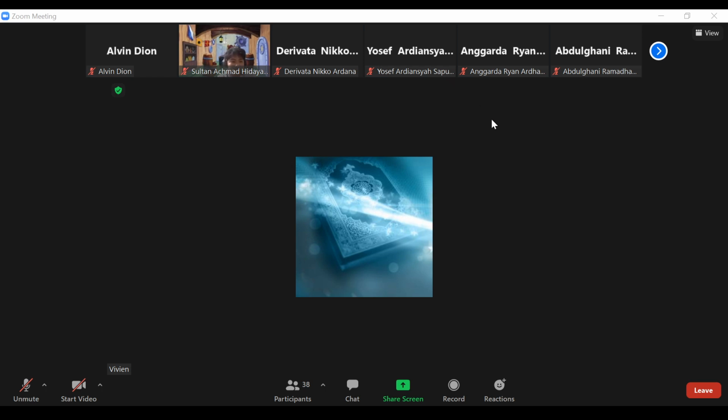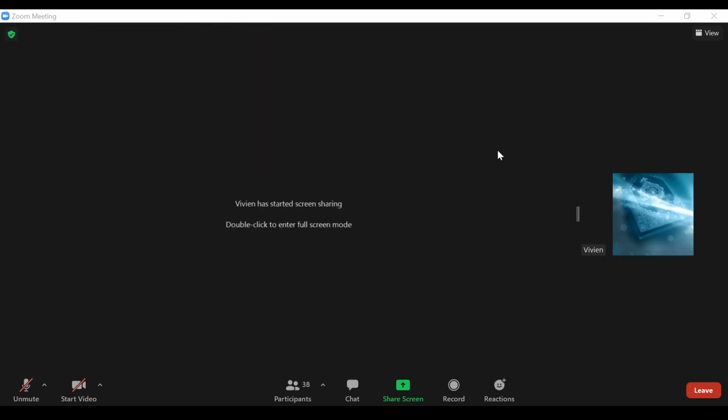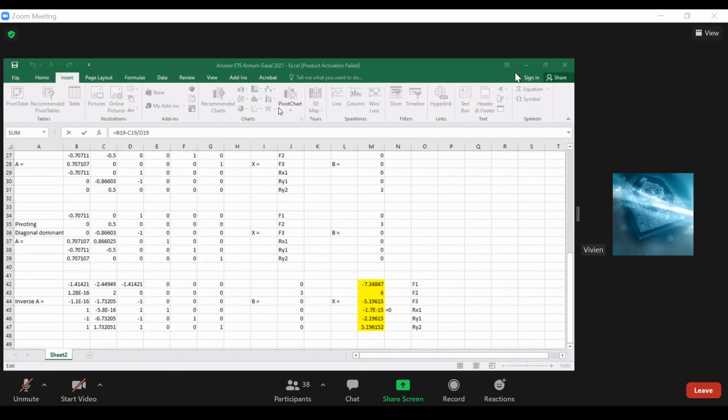Okay, so here the most important thing is that you need to do Gaussian elimination, but the most important thing is when you want to calculate this sort of problem, using any method.